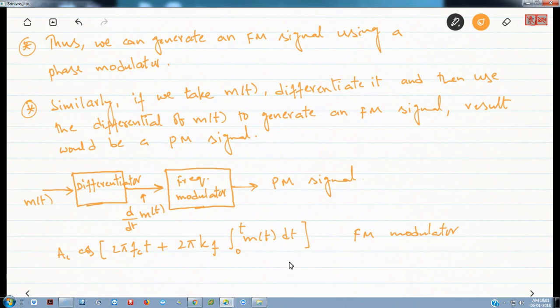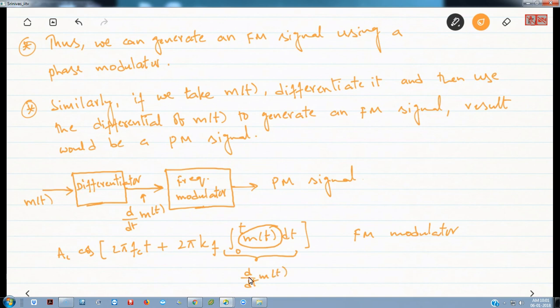This is what an FM modulator does. So if you give m of t to an FM modulator, in place of m of t, what I am substituting is d by dt of m of t.